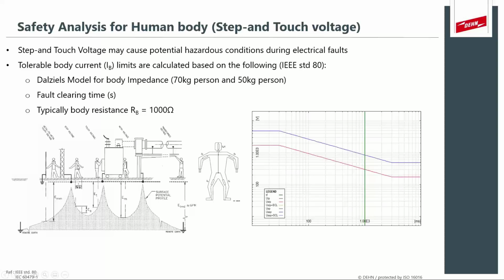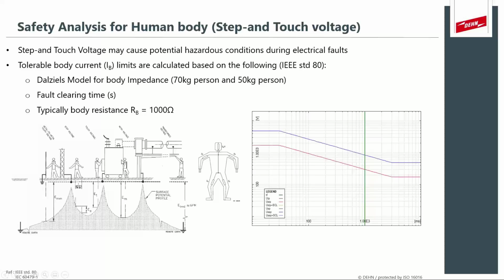Now, if a person was standing on this graph with 1 meter spacing between his feet, 1 foot would be on one point of the curve and the other foot would be on another point. This means that there's a voltage difference, and this voltage difference will cause current to flow through the human body, which causes electric shock. Now, that's known as step potential.